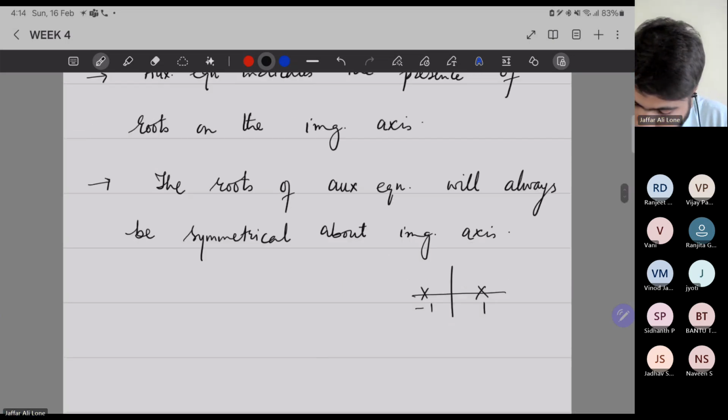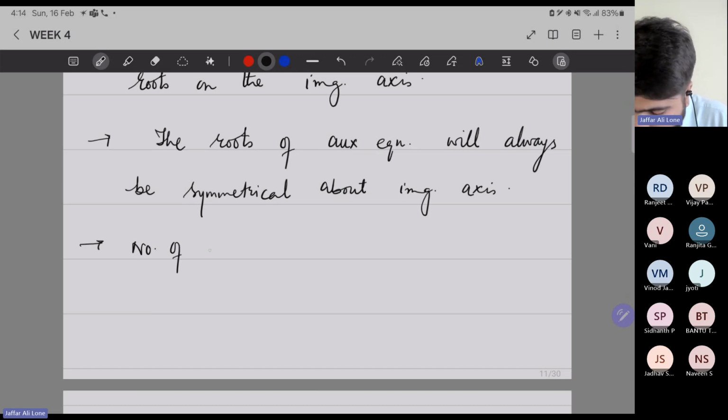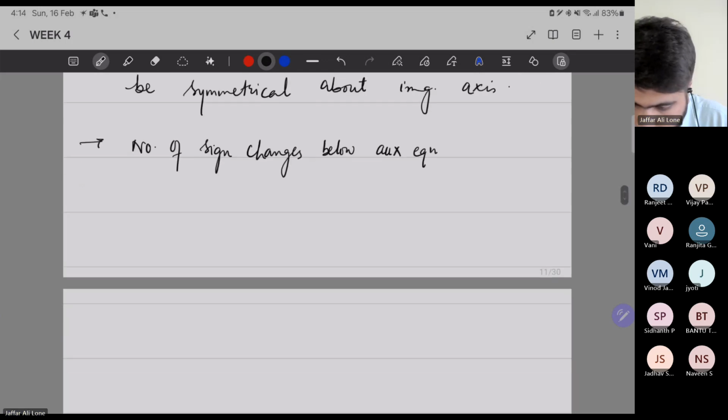And one more important point, the number of sign changes below the auxiliary equation is equal to the number of symmetrical poles.